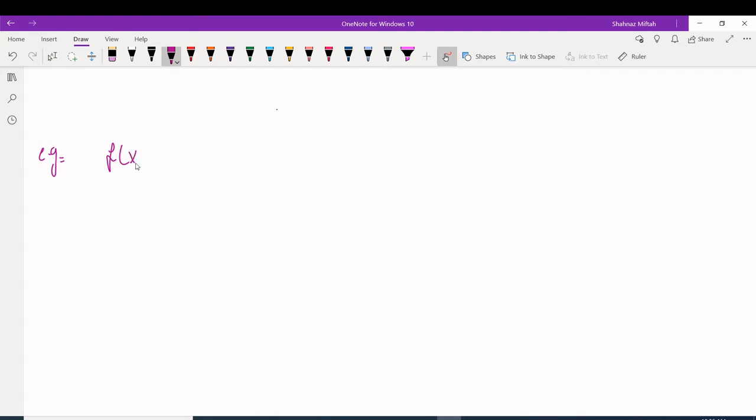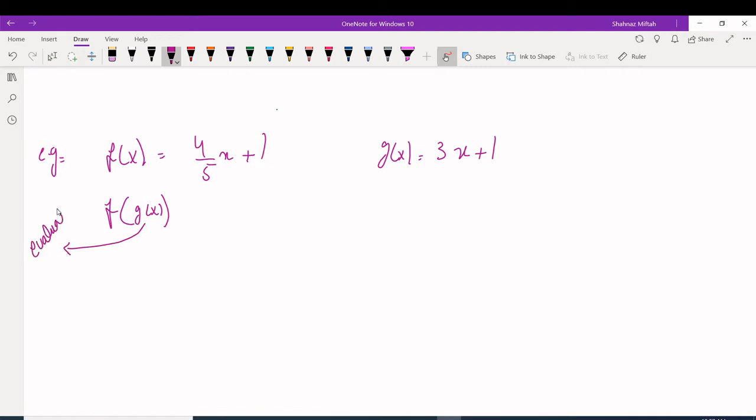Now let's try one example. I have f of x function, 4/5 x plus 1. Then I have g of x function, which is 3x plus 1. The question is asking, find f of g of x. Make sure that inside the parentheses you evaluate first.